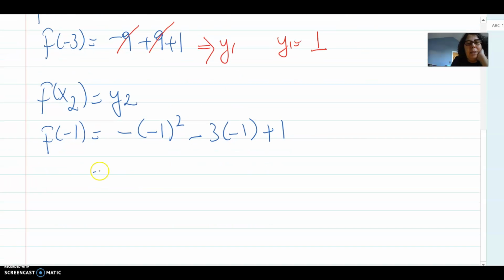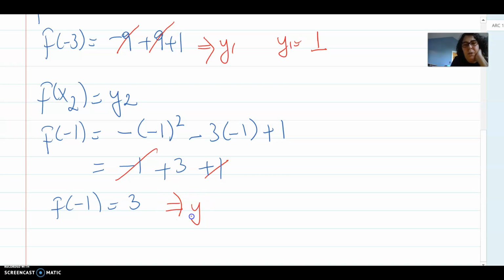All right, then (-1) squared is 1, and -3 times -1 is +3, plus 1. This will simplify. Then we're going to end up with f of -1 equals 5, which will produce our y2 value. Okay, then y2 is 5.